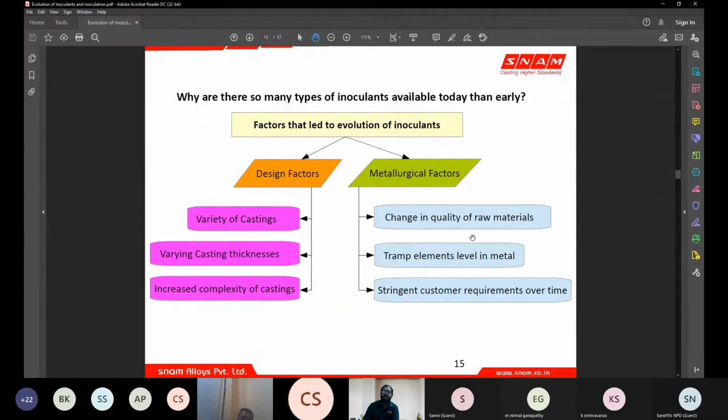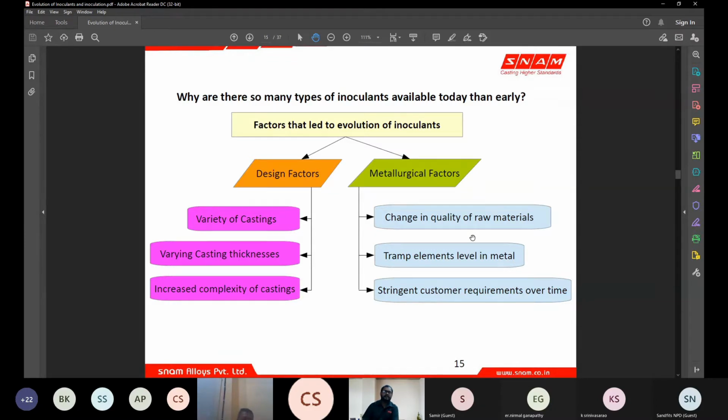When we talk of metallurgical factors, there is a change in the quality of raw materials and the tramp element level in the metal. More and different types of scrap are being generated over and over, and as there has been evolution in all the engineering industries, the steel scrap, pig iron and other foundry raw materials we get have become more diversified.